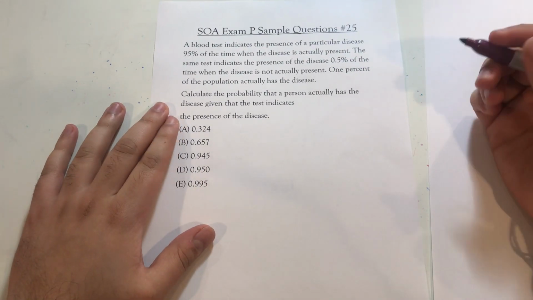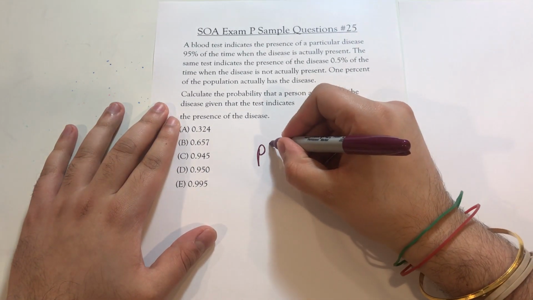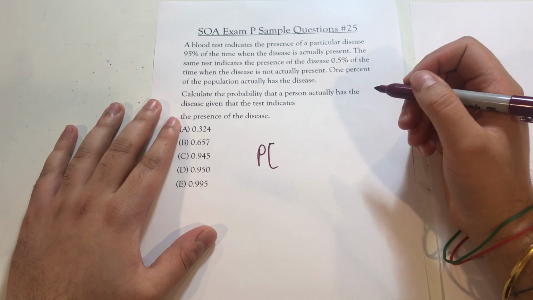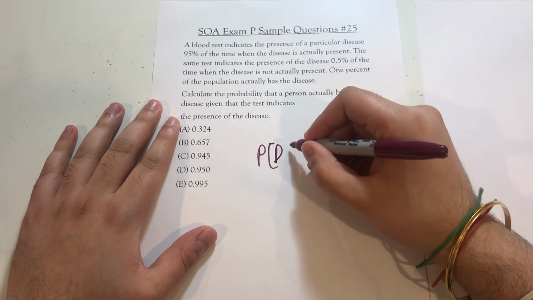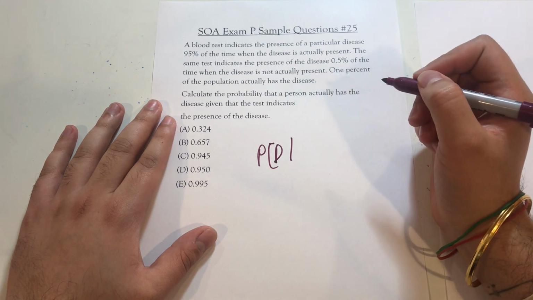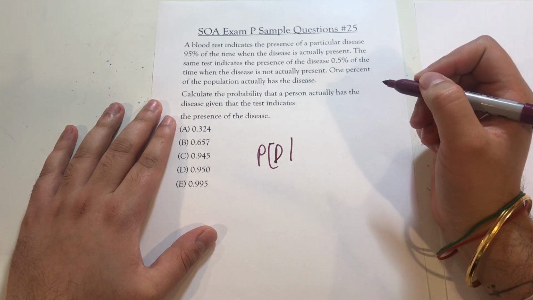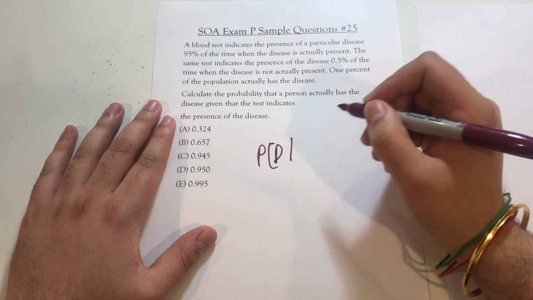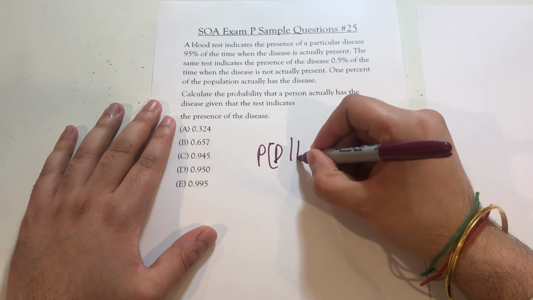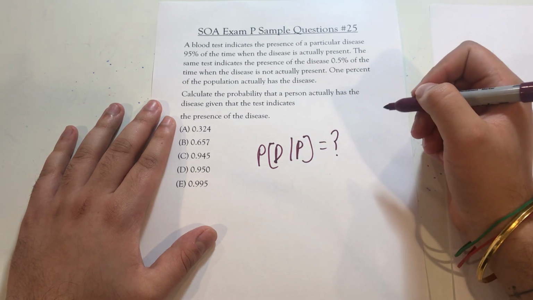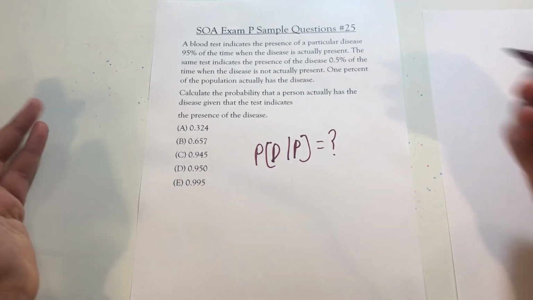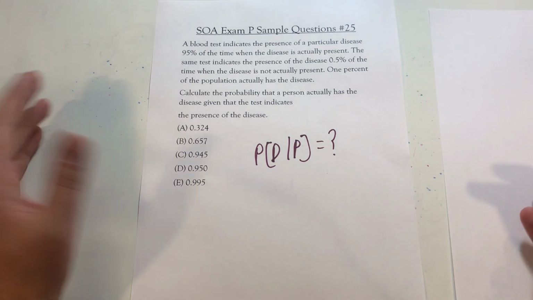So first, let's see what the question is asking of us. We want to calculate the probability that somebody has the disease, given that the test indicates the presence of the disease. So I'm going to say that you tested positive for it. That's a conditional probability, right?